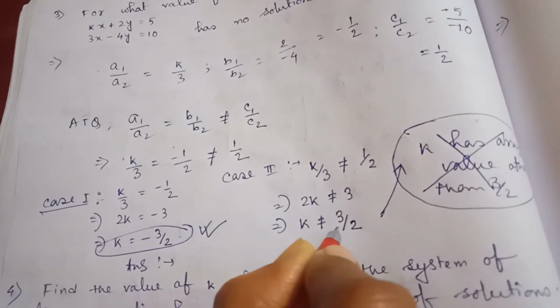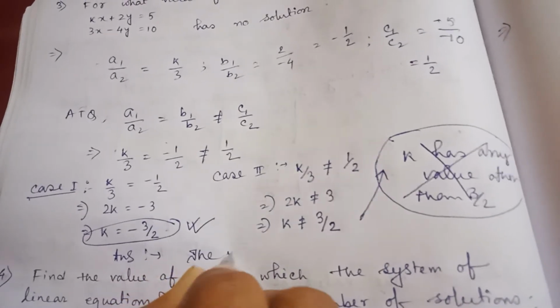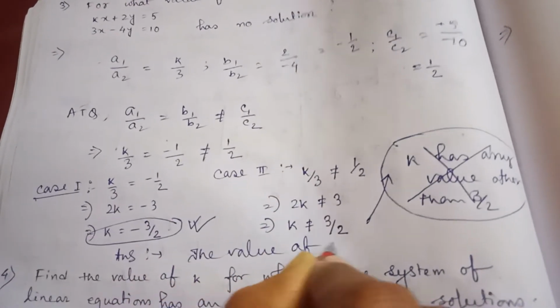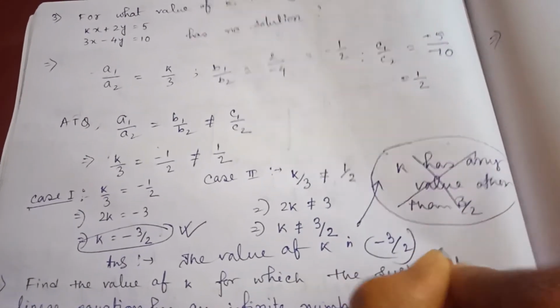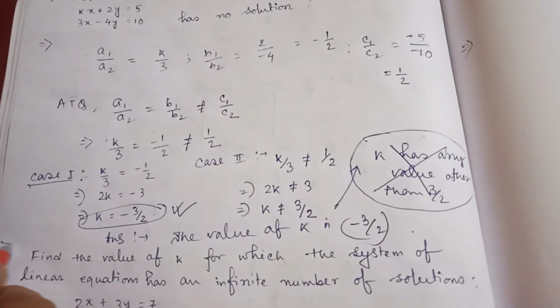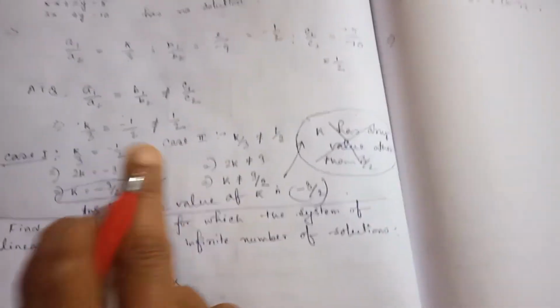This one we will not include in the answer line. So we will be writing the value of k is minus 3 by 2, and that's the answer. I hope you have understood this process.